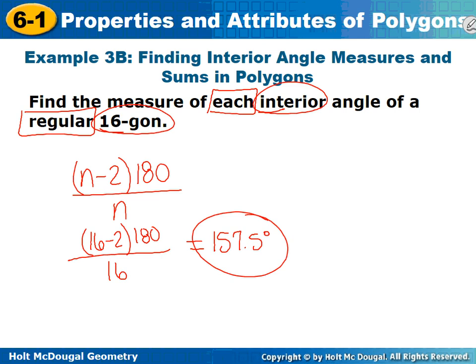So if you get something like 157.33333, what are you going to write as your answer? 157 and 1/3. You can use your calculator to help you work with fractions if you want to, but you still need to write them as exact answers. Don't round unless the directions tell you to round. Is that clear? Okay. All right, moving on.